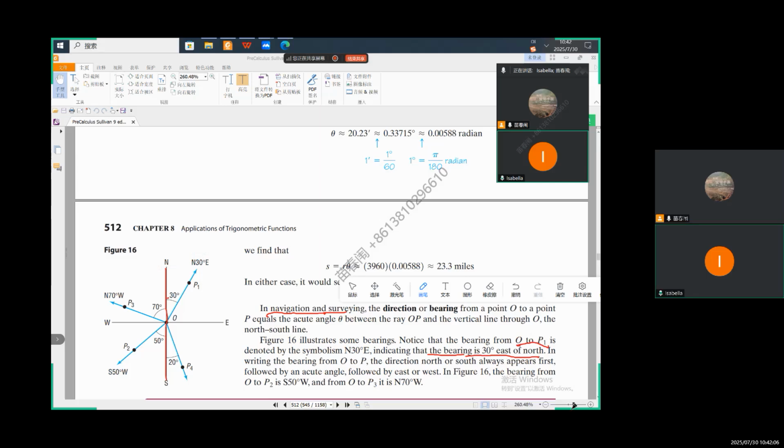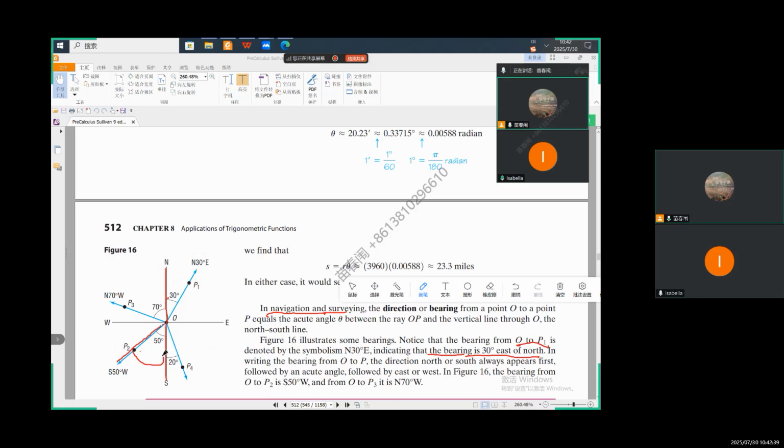I can just say bearing 30 degree from P1 to O. And then let's say OP2 is with this acute angle, and that's 50 degree, right? Bearing 50 degree OP2. Does that make sense?